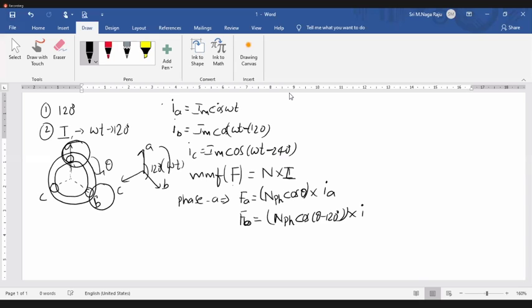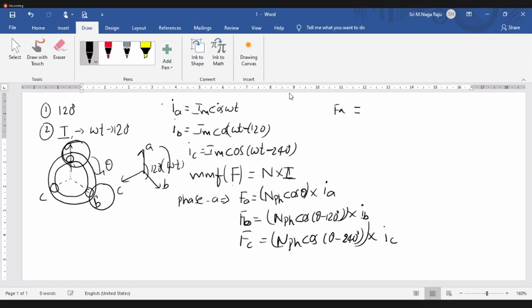Similarly, FC equal to N phase cos theta minus 240 into IC.